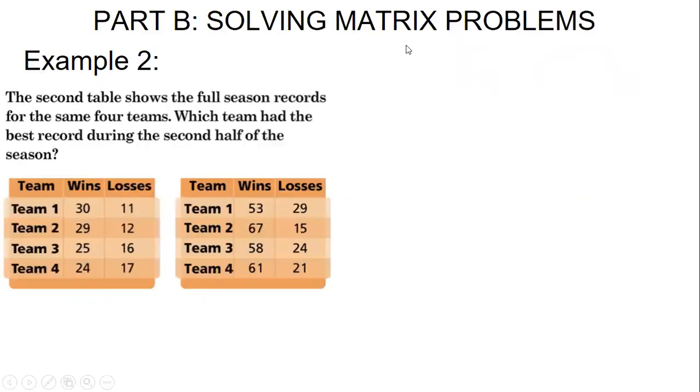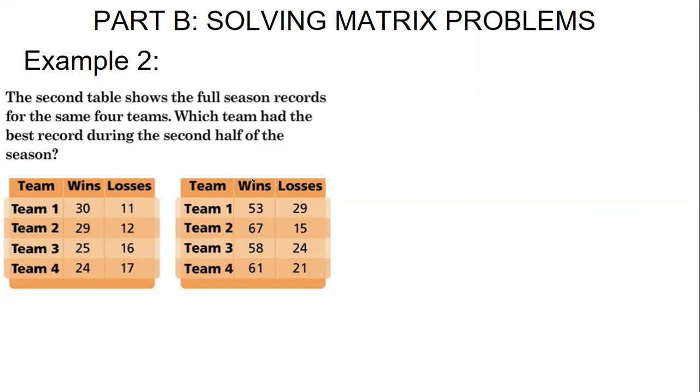All right, guys, so we're on to part B, solving matrix problems. Here we have a table of 4 teams' win or loss schedule. It's looking for which team had the best record during the second half of the season.